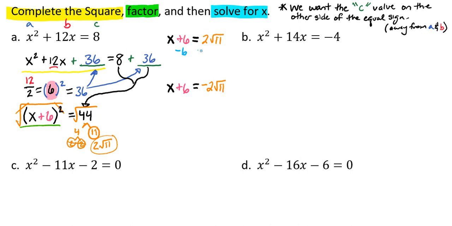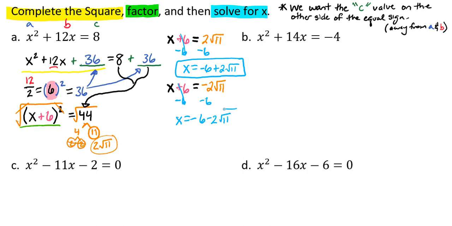From here, I will then subtract 6 from both sides, which will leave me with x equals negative 6 plus 2 radical 11, and that's going to be one of our solutions. Then we'll subtract 6 from the other side and get x equals negative 6 minus 2 radical 11, and that will be our second answer.